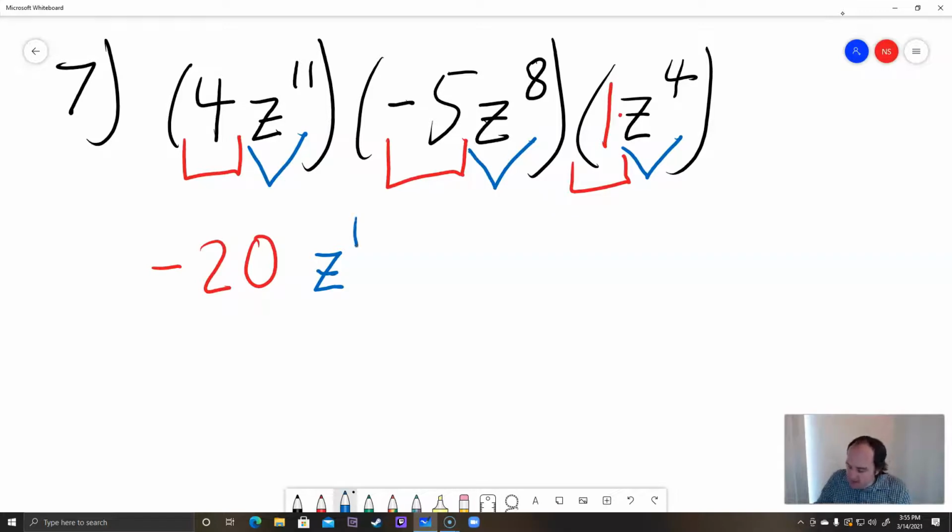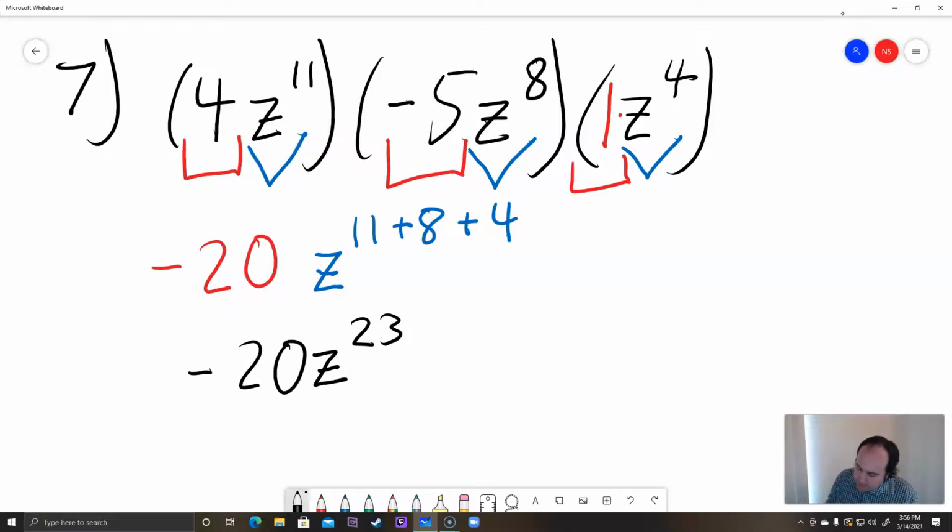So it's going to be z to the 11 plus 8 plus 4. So 11 plus 8 is 19, right? And then 19 plus 4 is 23. So we're actually going to have z to the 23, but don't forget we still have a negative 20 out front.